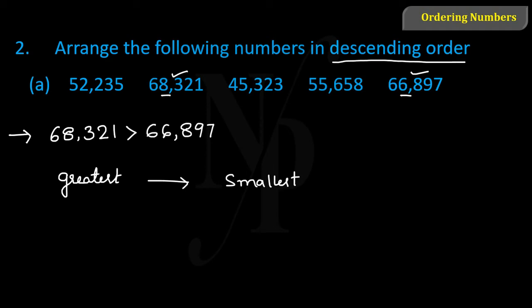Among these three numbers, here we have 5 in 10,000 place, again 5 in 10,000 place here. So we will move to the next highest place, that is thousands place. Here we have 5, here we have 2. Therefore 55,658 is the greatest compared to 52,235.